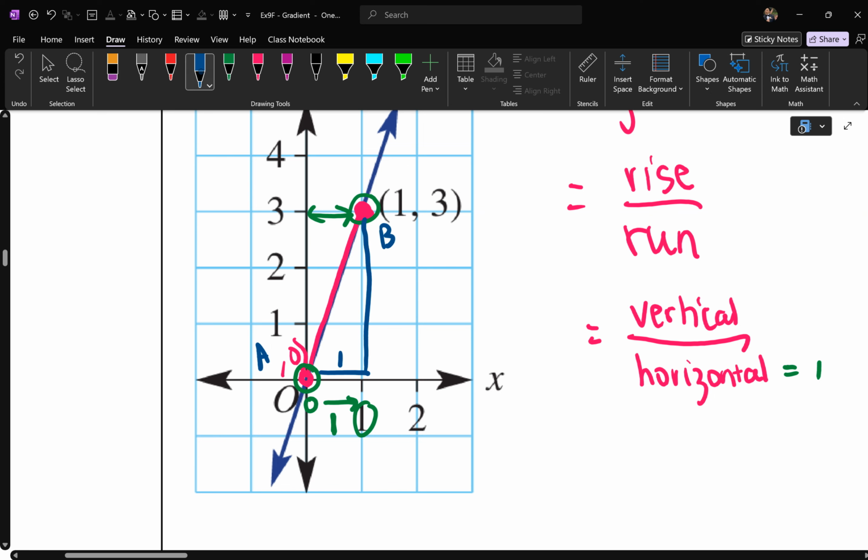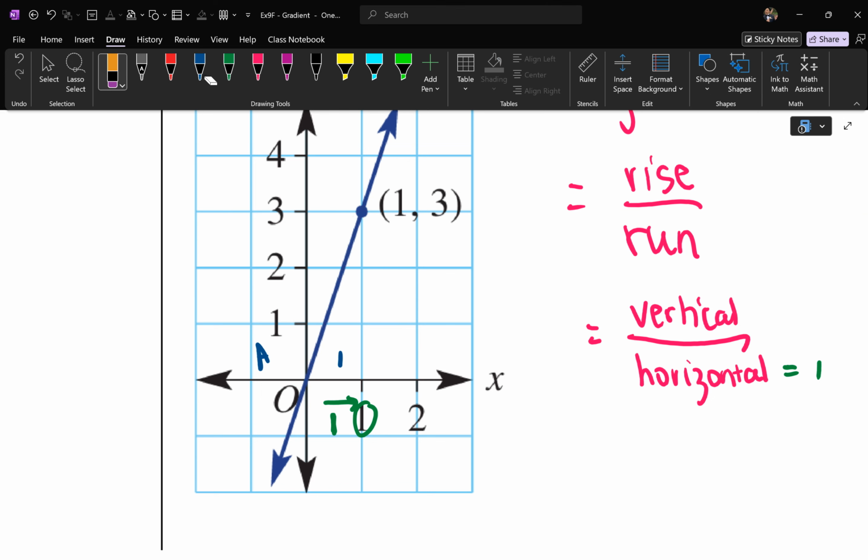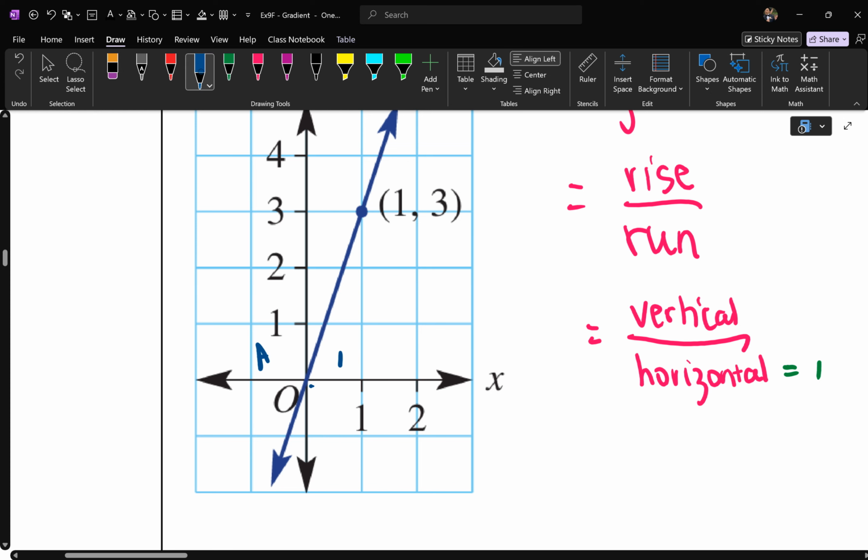Have a think. I'm going to rub it all out. Let's count it again. I went 1 across, and then from here, I need to get up to here. Starting at 0, I would have to go all the way up to 3. So that's 3 units up.